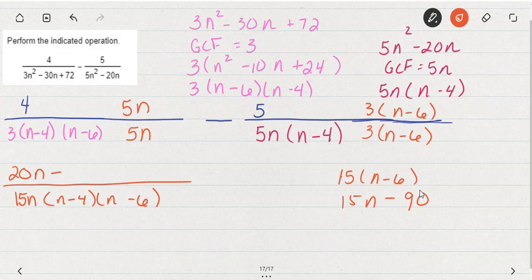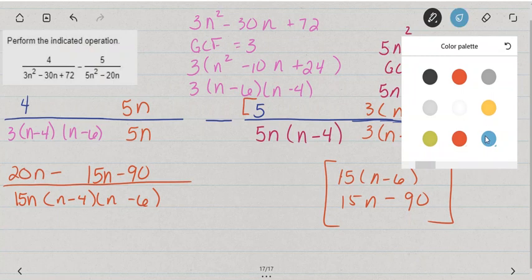I'm going to show you how you don't want to write this. You don't want to write this 20n minus 15n minus 90. That is a common mistake. But notice that this minus here, we're subtracting that whole thing. So we've got to subtract the 15n and subtract the 90.